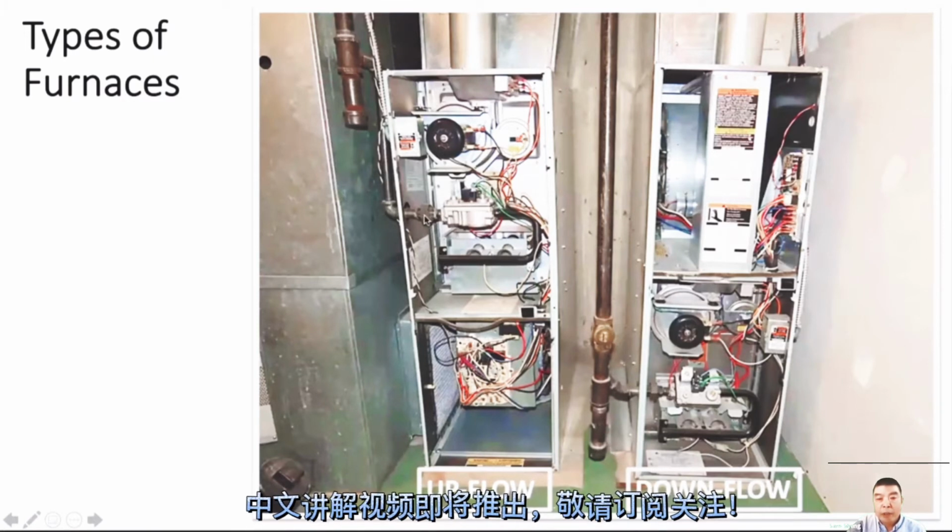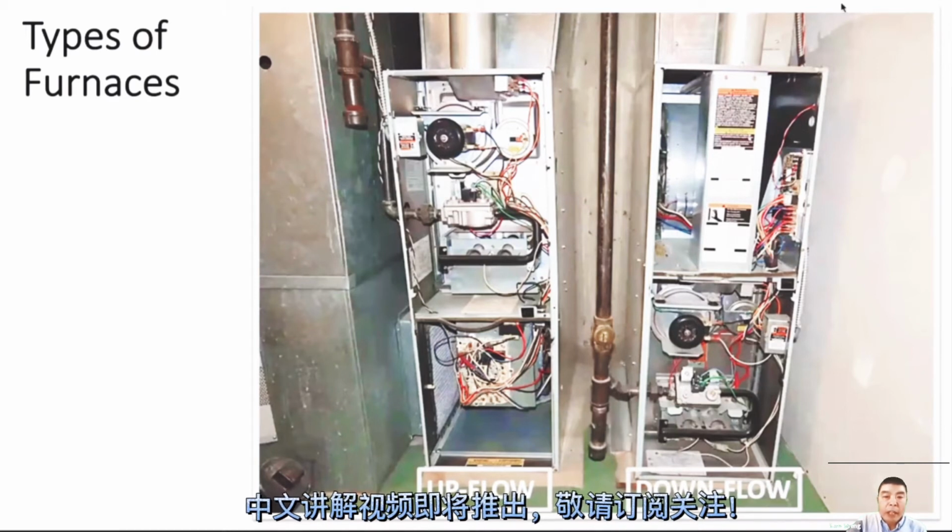It goes through a small part, and there's a handle here. It just shuts off the gas by the handle, not by the gas valve. So this is a very old furnace. If you meet that one, it's better to make notes that it is very old and recommend changing to a new furnace.